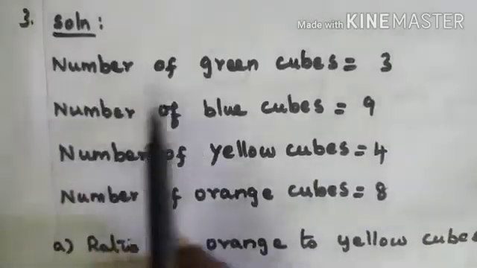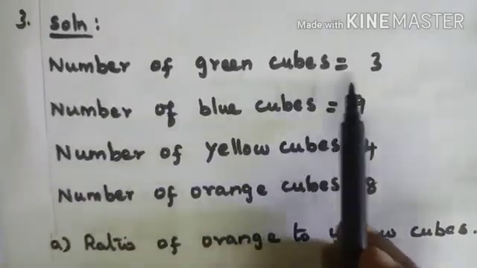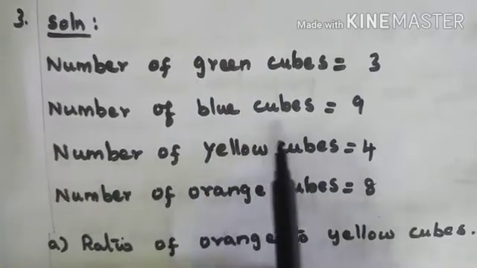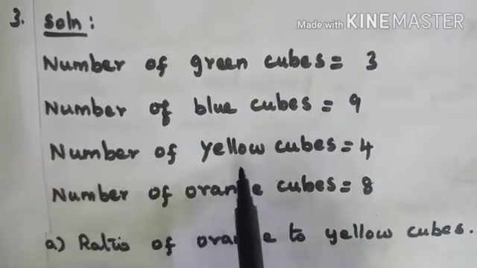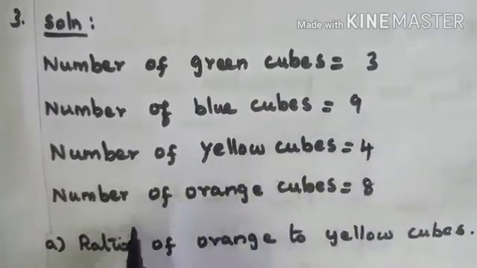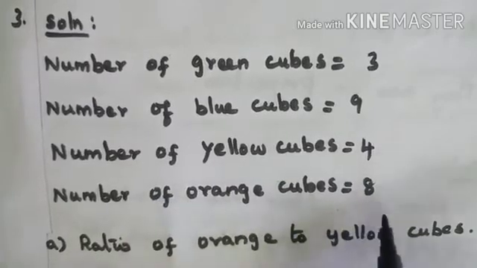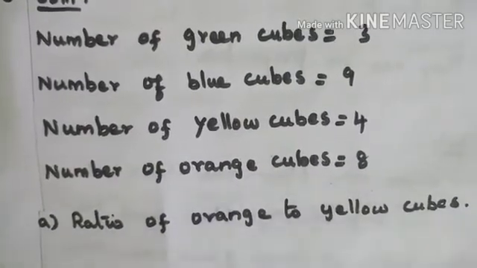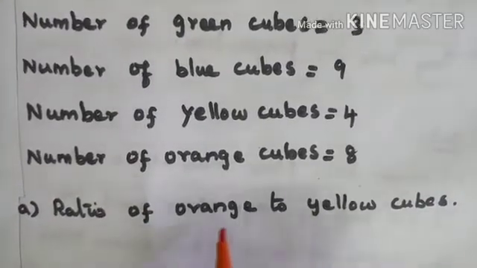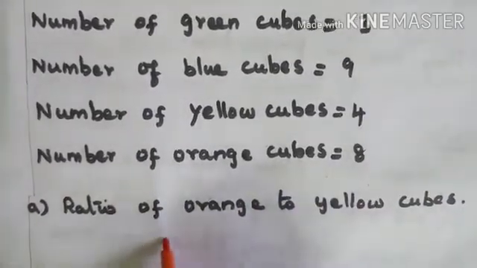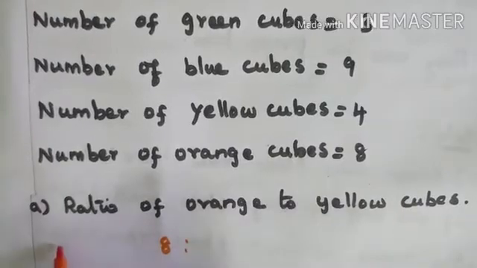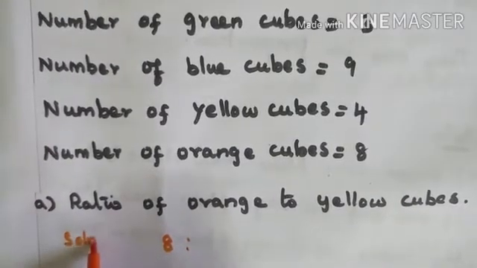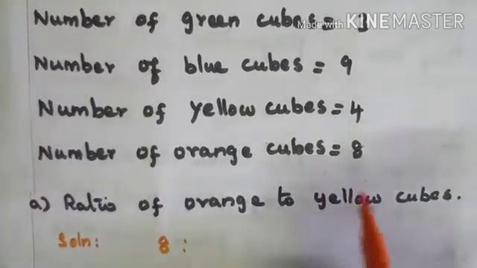So solution, number of green cubes 3, number of blue cubes 9, number of yellow cubes 4, number of orange cubes 8. So what is the question asked? Ratio of orange to yellow cubes. So orange is how many cubes? 8. Therefore 8 is to yellow cubes 4.